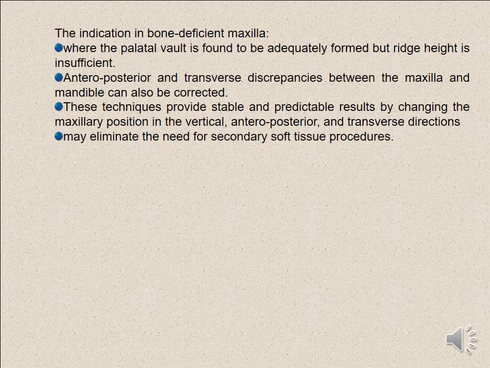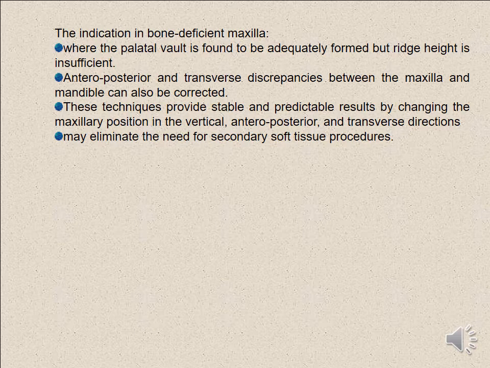The indications for the bone deficient maxilla: first, where the palatal vault is found to be adequately formed but ridge height is insufficient. Second, anterior, posterior, and transverse discrepancies between the maxilla and the mandible can also be corrected.